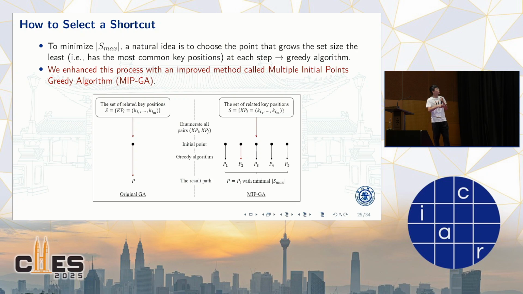For the original GA, we just choose one initial point and generate the corresponding path according to the greedy algorithm. But in MIP GA, we will prepare some initial points at first and use the greedy algorithm to generate paths for each one. Finally, we will compare them and choose the one with the minimal set size.